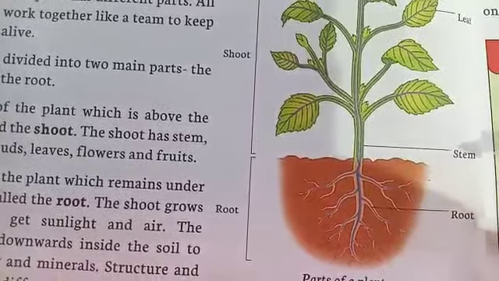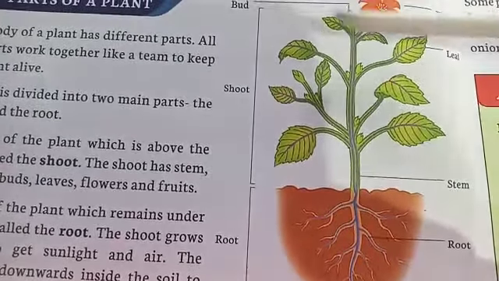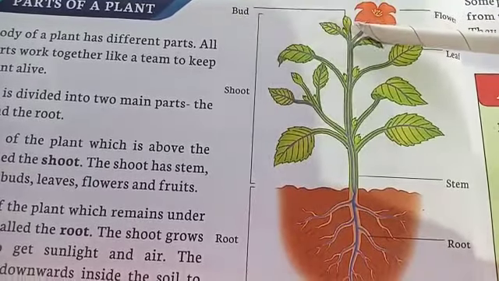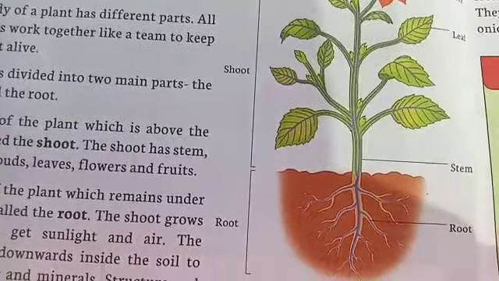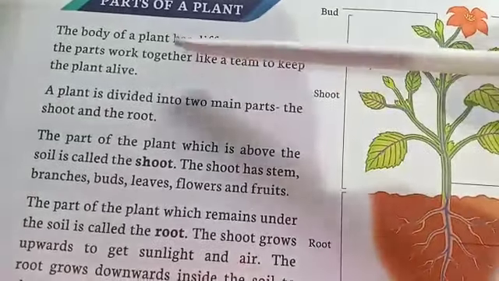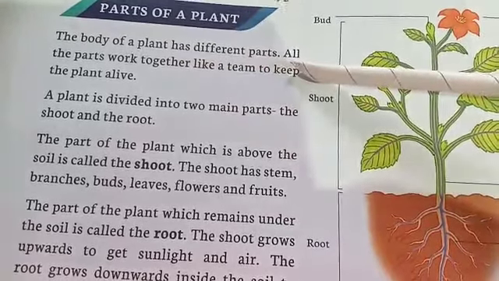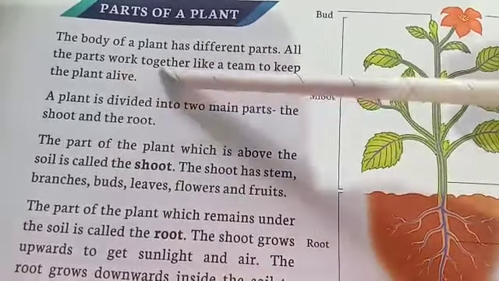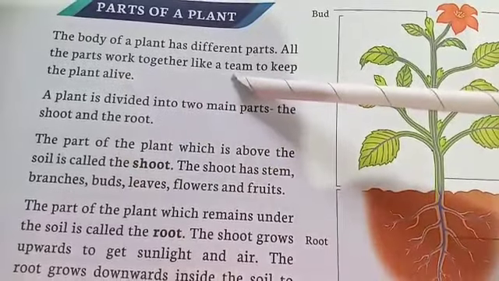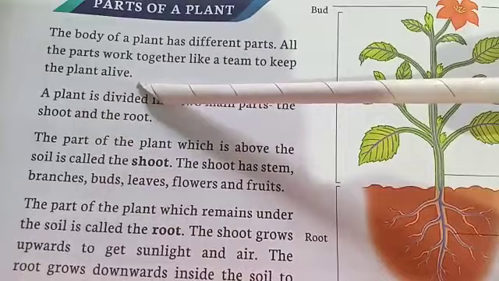And shoot has stem, leaf, flower, bud, etc. The body of a plant has different parts. All the parts work together like a team to keep the plant alive.